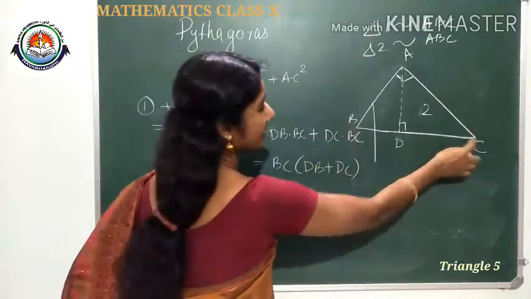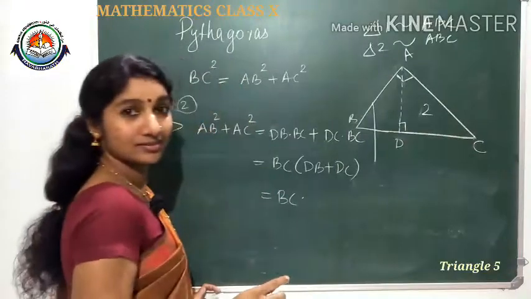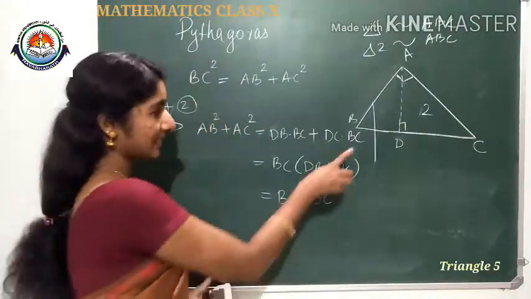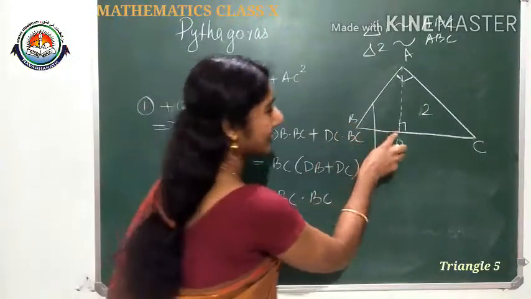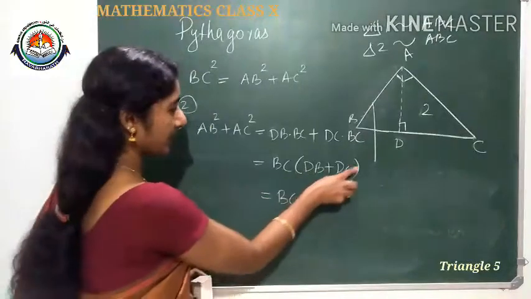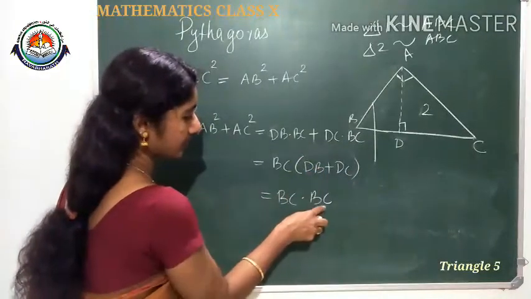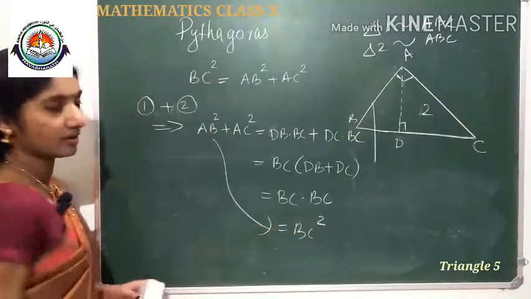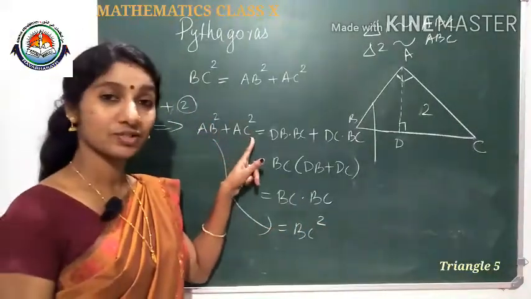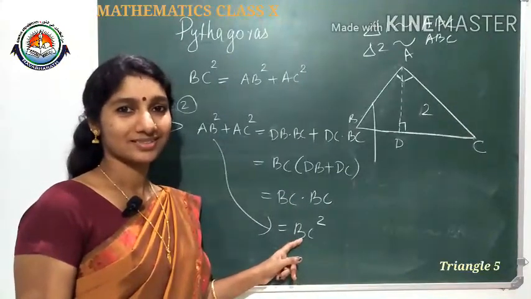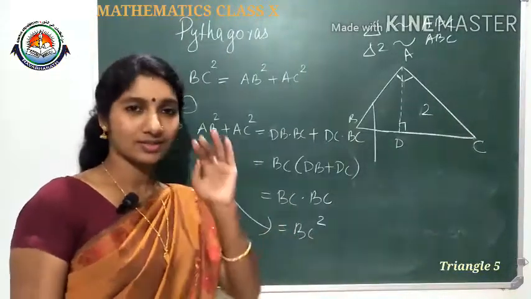DB plus DC is the full length BC. So we replace this quantity by BC, that means BC square. So what we got? AB square plus AC square equal to BC square. That is Pythagoras.